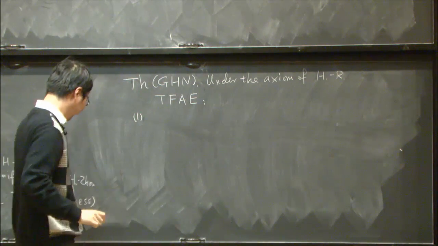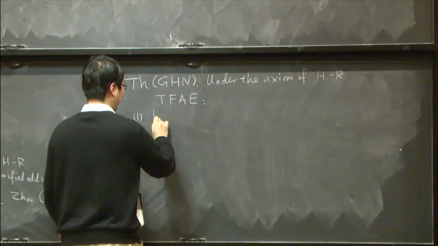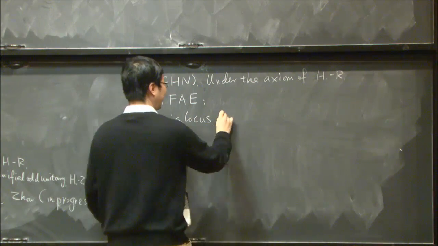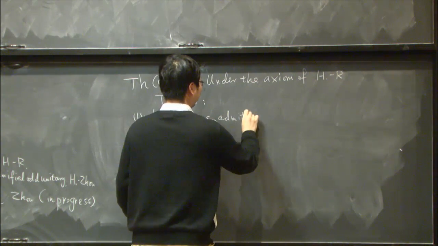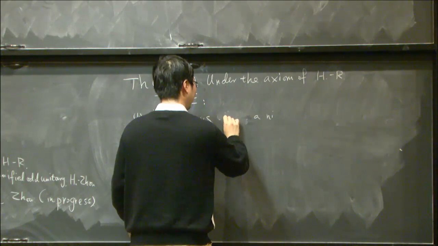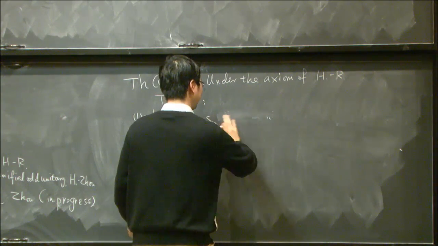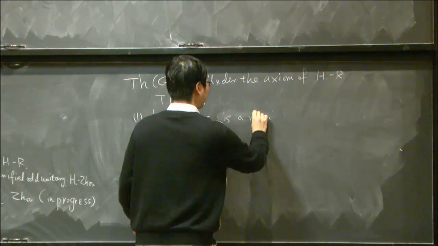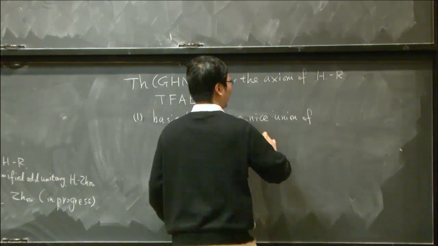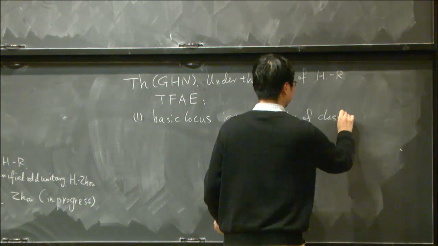First is that the basic locus admits, let's say, a nice union of classical Deligne-Lusztig varieties.